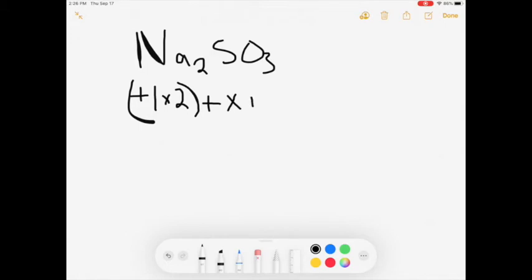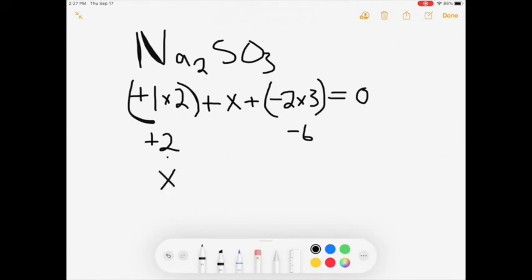So we put an X there, and then oxygen is negative 2, and there's 3. And we set all that equal to 0. So we have a positive 2 here, and a negative 6 here. If I move my negative 6 over, I get a positive 6. Then if I take my 2 over and subtract, I've got a 4. So the sulfur here has an oxidation number of positive 4.